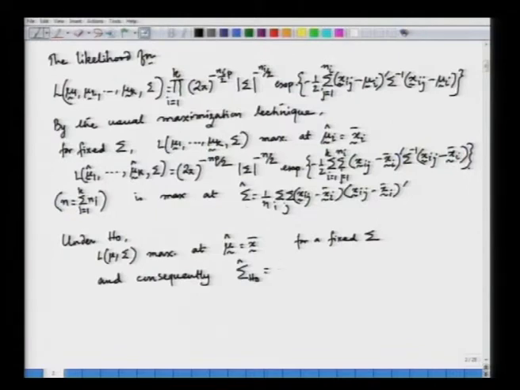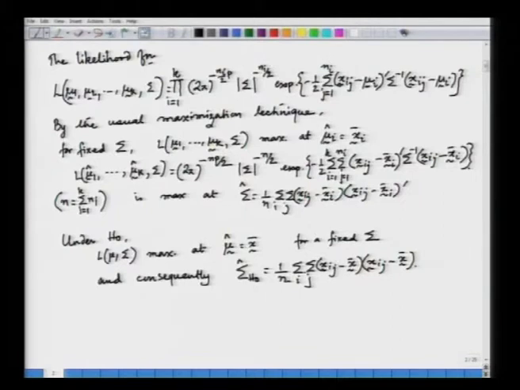So, this is nothing but 1 by n, double summation. There is no question of x_i bars now; we have the common x bar, and this gives me the estimator.